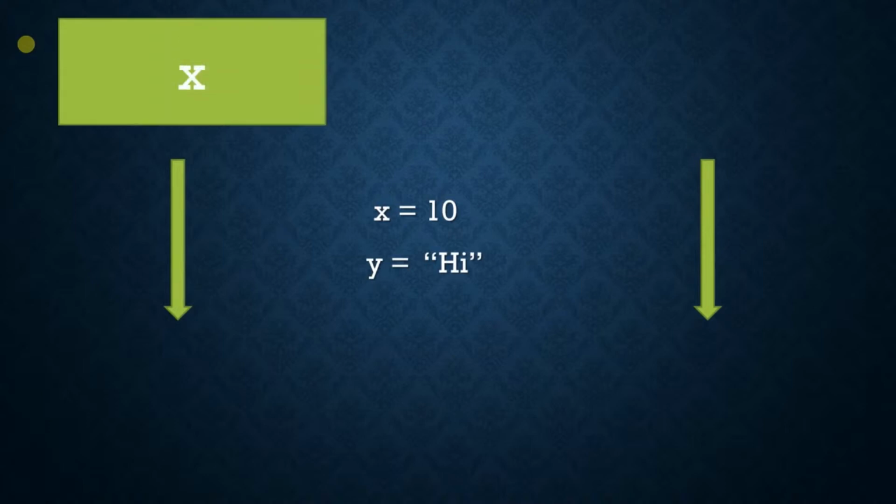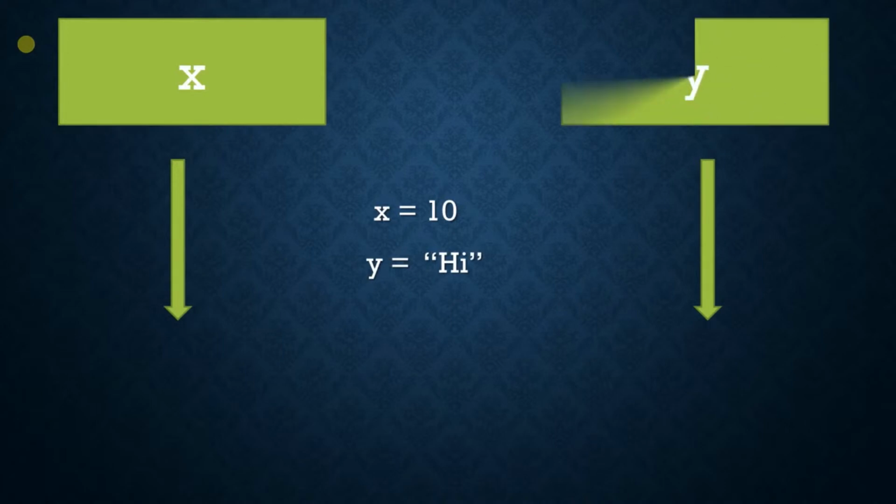Okay, I'll explain what numbers and strings mean with an example. X equal to 10. Now this means that X is our variable and 10 is the value stored in that variable. Y equal to "hi". Now Y is another variable and it stores the word hi.